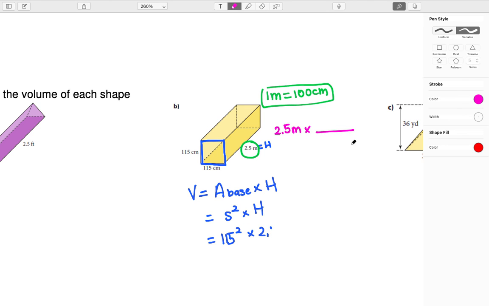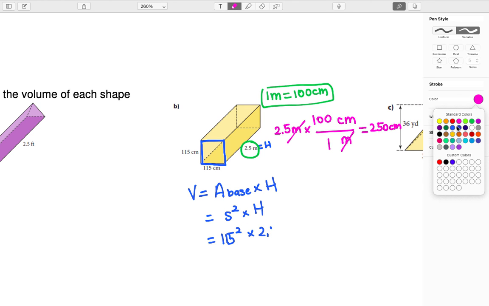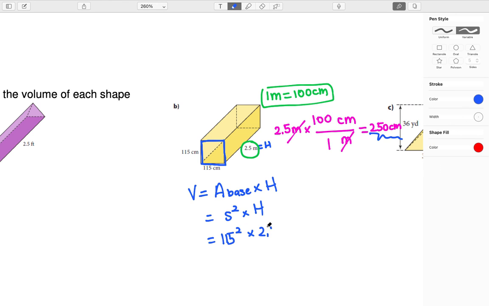We're trying to get rid of meter, so meter goes at the bottom and centimeter goes at the top. We know 1 meter is equal to 100 centimeter. Meter and meter cancel out. So 2.5 times 100 divided by 1 gives me 250 centimeter. So therefore, the height is not 2.5, it's actually 250 centimeter.